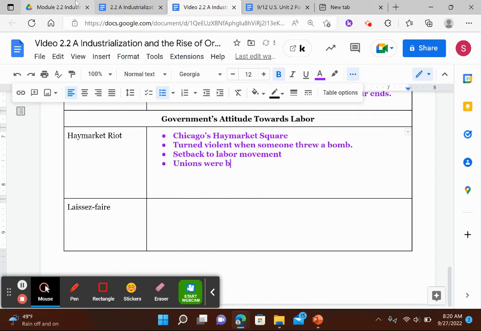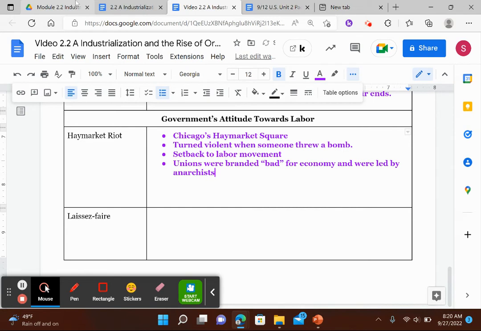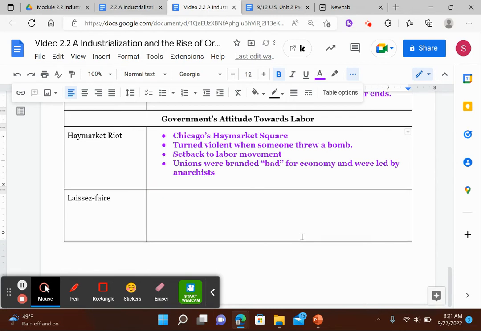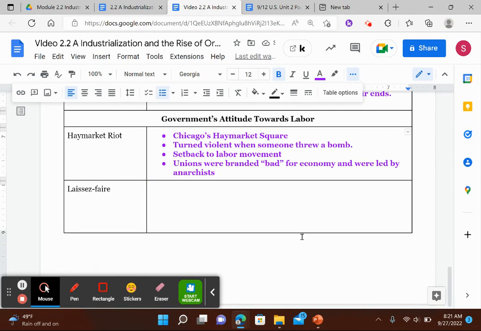Unions were branded bad for the economy and were led by anarchists. So anarchists are people who believe in no government, that the government should not control or make laws, that you don't want rules to keep people from doing the right thing. So anarchists, kind of like socialists, were an unfavorable way to have views about the government.